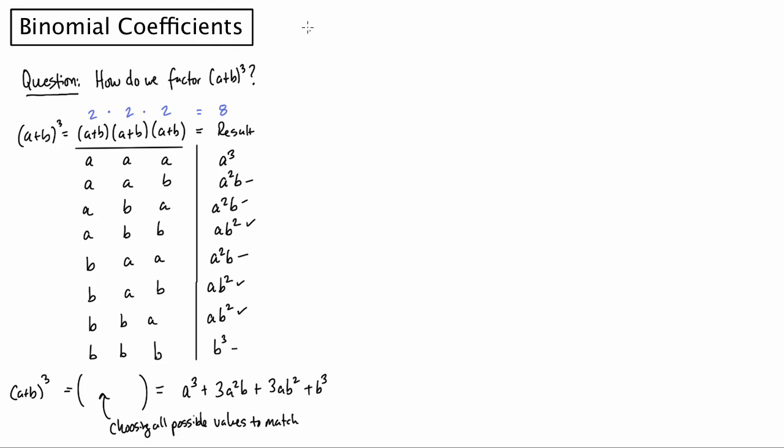So the question is, at this point, how do we generalize this? When I say generalize, I mean, what if I asked you about a plus b to an arbitrary integer power n? We're going to stick with positive integer powers for now. Then a plus b to the n is just a plus b times itself n times.